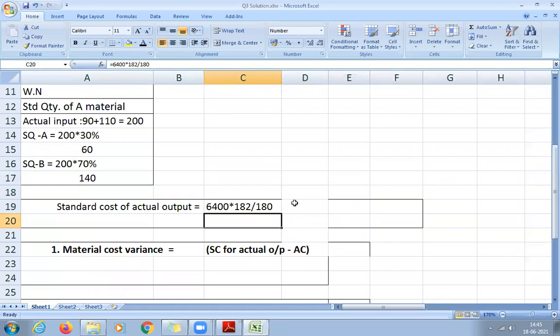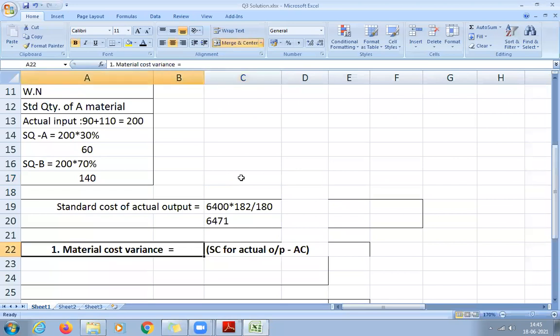How much are you getting? 6,471, sir. Yes, 6,471. This is the standard cost of actual output. For an output of 182, the cost should actually be 6,471, but we got 6,400. That is how we adjusted it to the actual output.